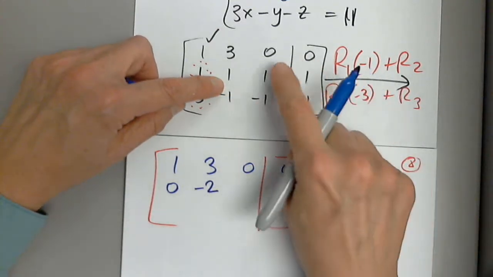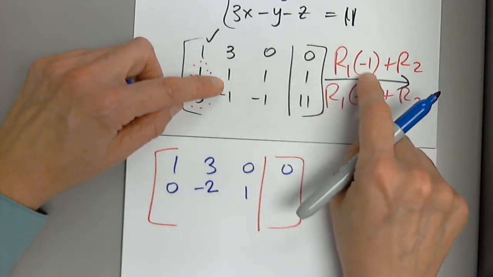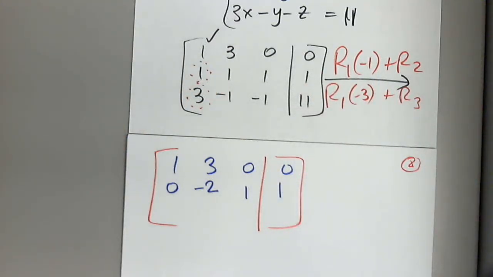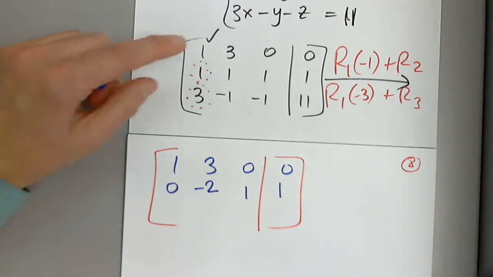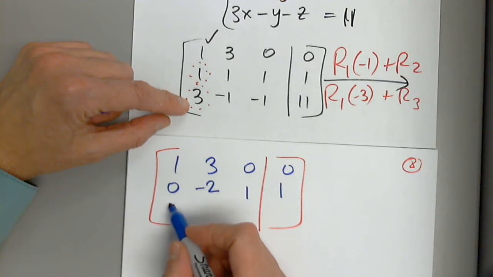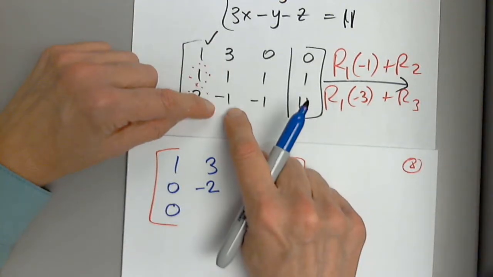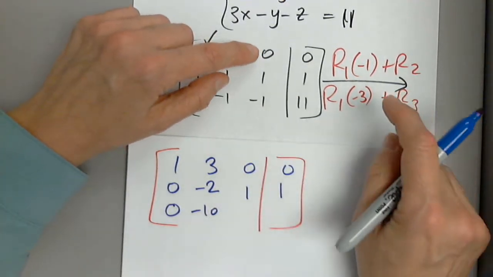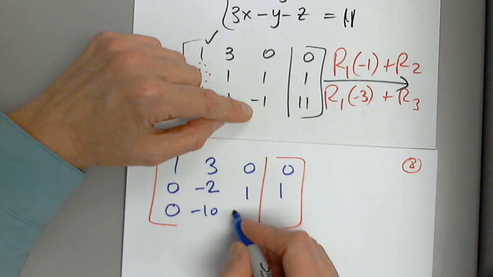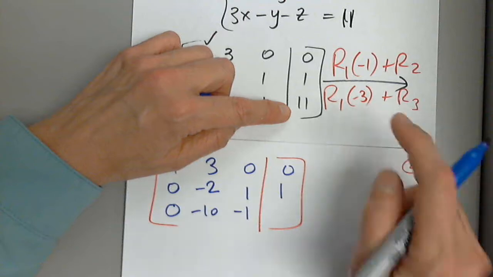Very good. 0 times negative 1 plus 1. 0 times negative 1 plus 1. 1 times negative 3 plus 3. 3 times negative 3 minus 1. Very good. 0 times negative 3 minus 1. 0 times negative 3 plus 11.